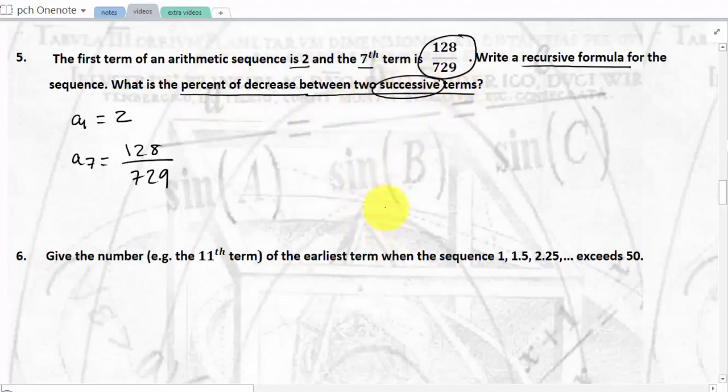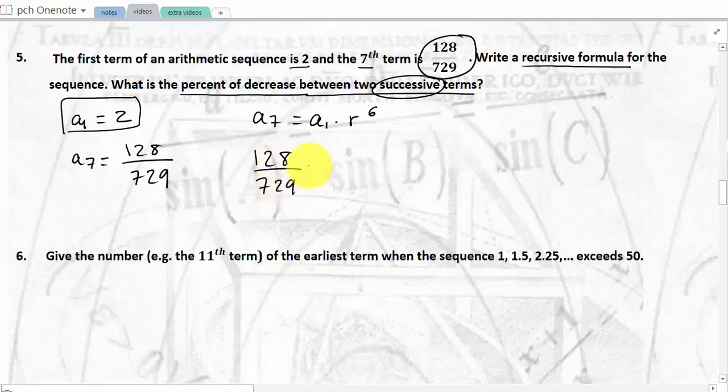All right, so how are we going to find the recursive formula? Well, I know A1, I need R. Now, A7 equals A1 times R to the power of 6, 7 minus 1. So we have 128 divided by 729 equals A1, so 2 times R to the power of 6.